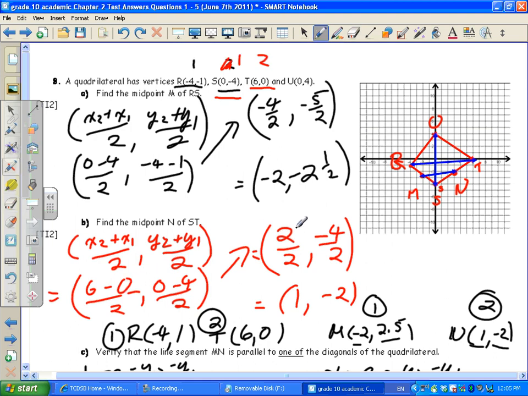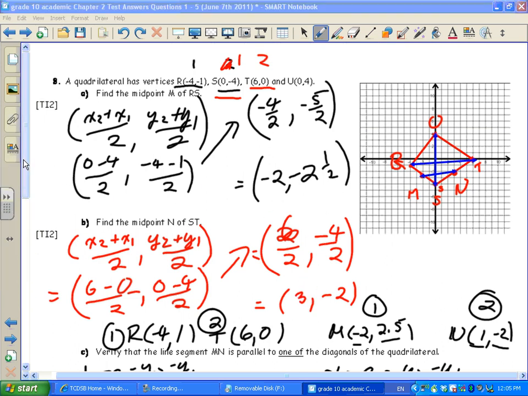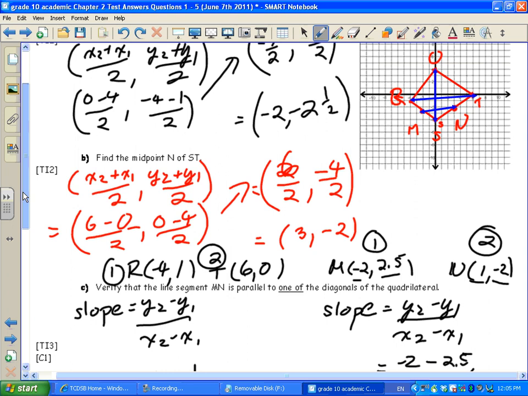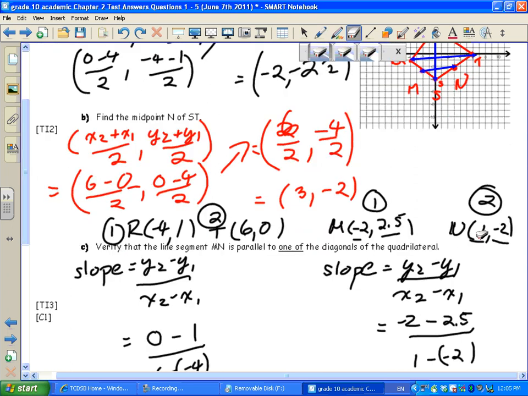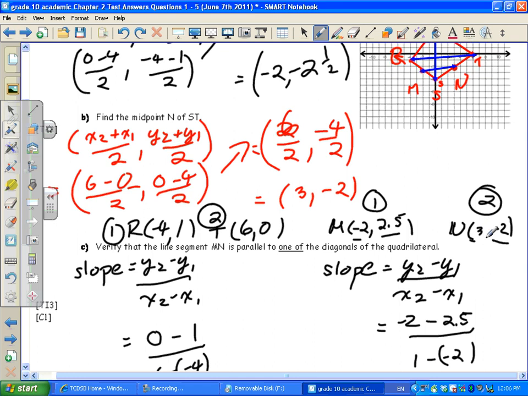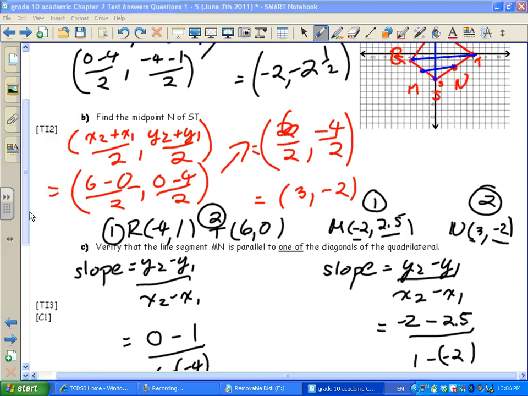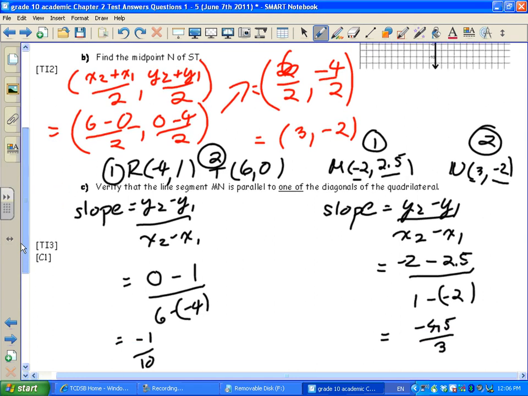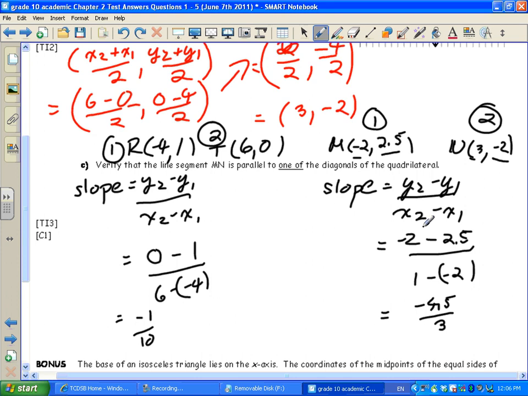This becomes 0, which makes this 6, which makes this 3. Okay? Yeah, I can just erase it. So 3, negative 2, which then carries down over here. This point should be 3, negative 2. So when we go to put our slope in, our x2 should be 3.